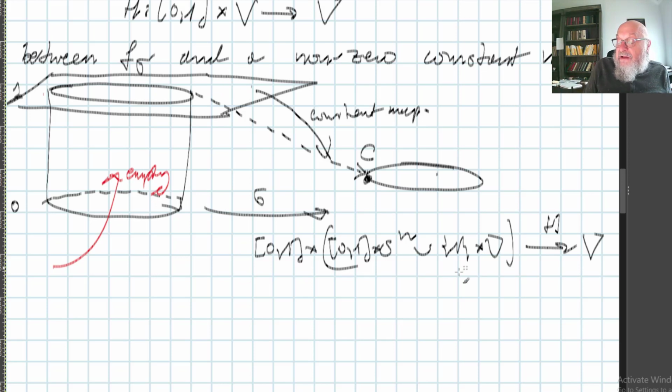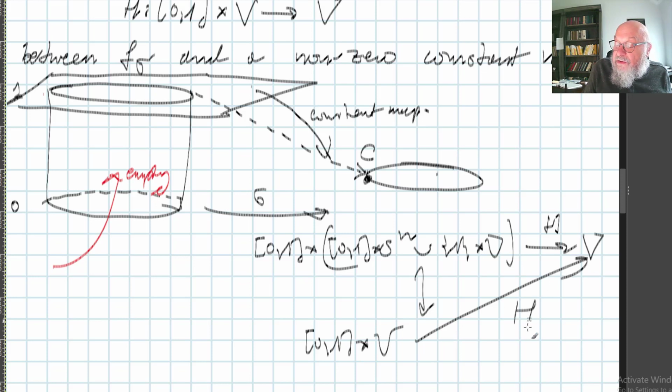So this can be extended to 0, 1 times V, and that's my homotopy H. So this is a homotopy to a constant.